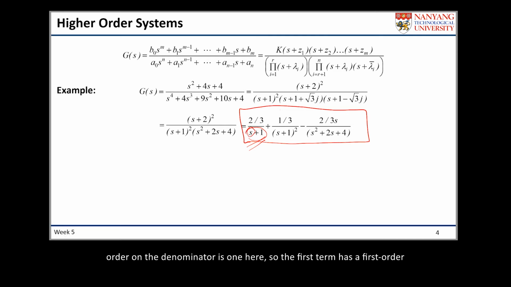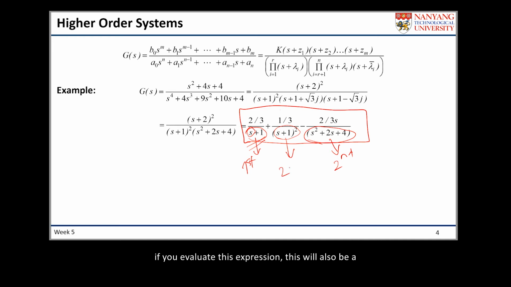If you look at the last term, the highest order of the polynomial on the denominator is 2, so I call it a second order polynomial. This is first order. What about the middle one? If you evaluate this expression, this will also be a second order polynomial.